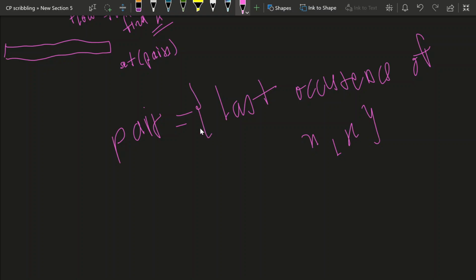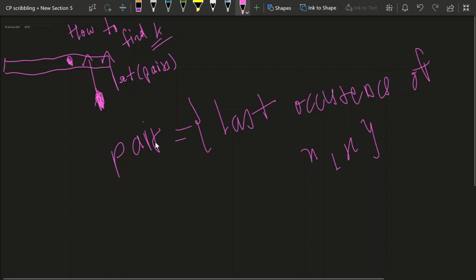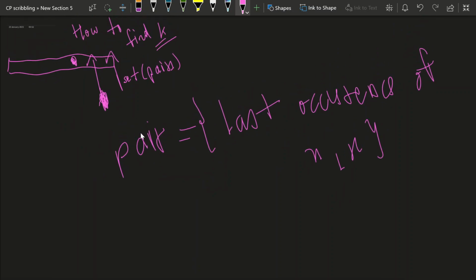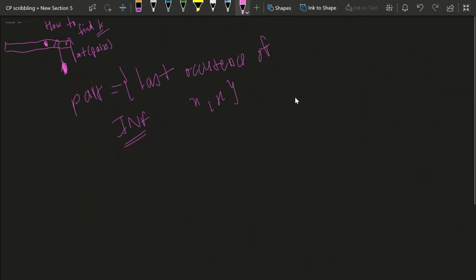Now what does this last occurrence mean? If you are at this index, your x could have occurred here, and it could also have occurred here, but your last occurrence will be here, because this is the last time that you encountered x. So this is how your pairs will look. Initially you haven't encountered any x, so you'll mark their last occurrence as infinity, and in the set you will store the pairs for all values from 0 to m minus 1, and initially all of them will have infinity, comma x.